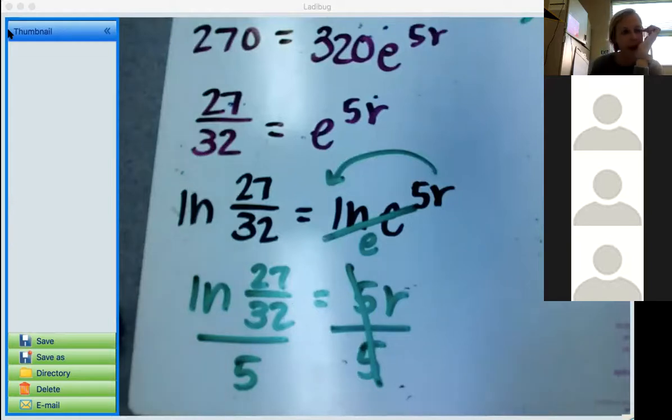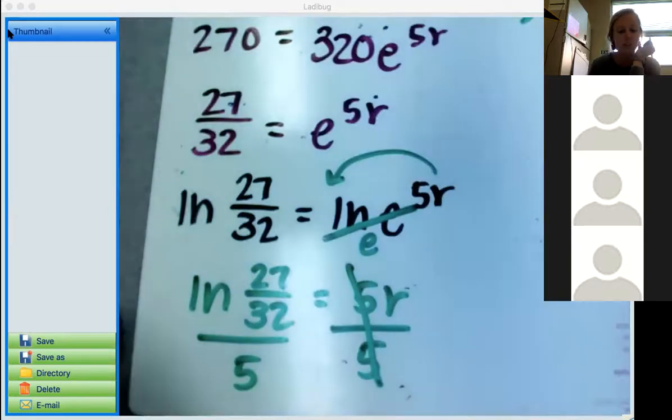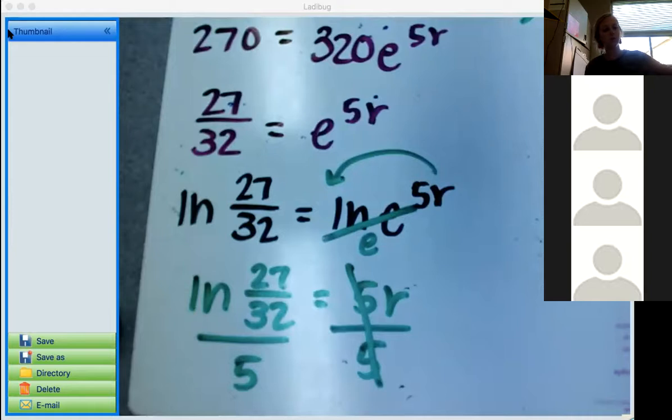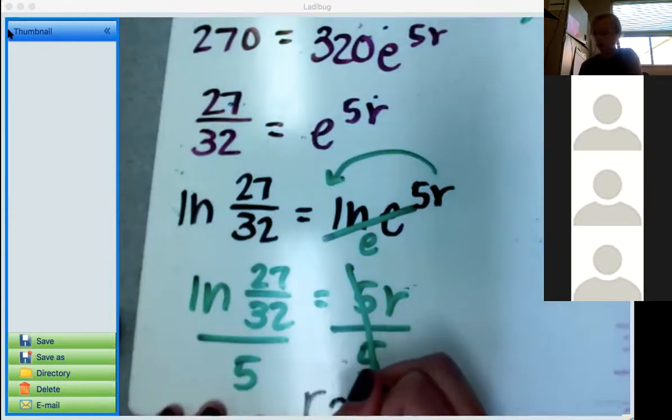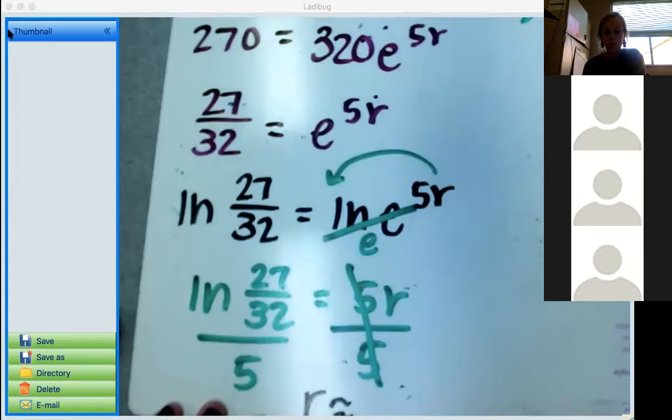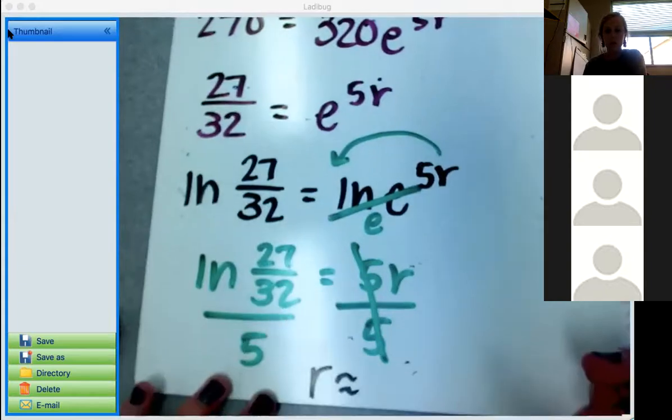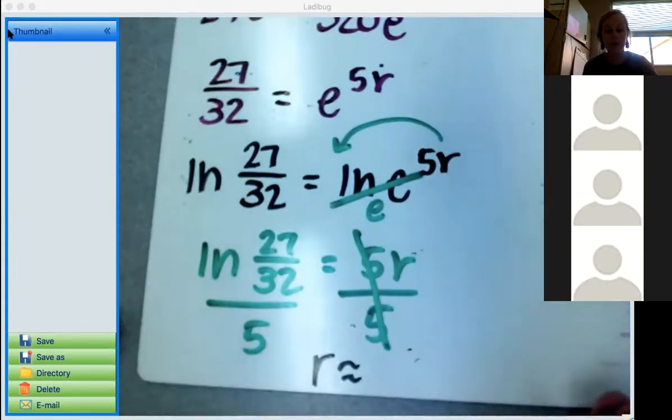Are we okay with that part, with solving for r? Because this is technically the third time we've done this on the test review. Y'all okay with solving for r? Yes. Okay, let me know if something doesn't make sense or if you need to see it a different way.